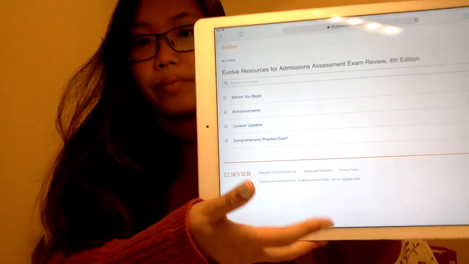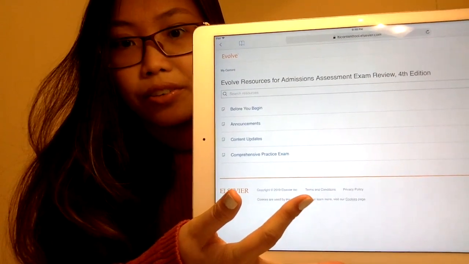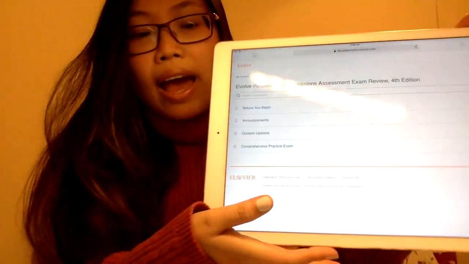So you see, they have the comprehensive practice exam, and they give you 2 exams to practice. So do it after you prepare and after you read the book and know what the exam expects of you and what skills they expect you to have.